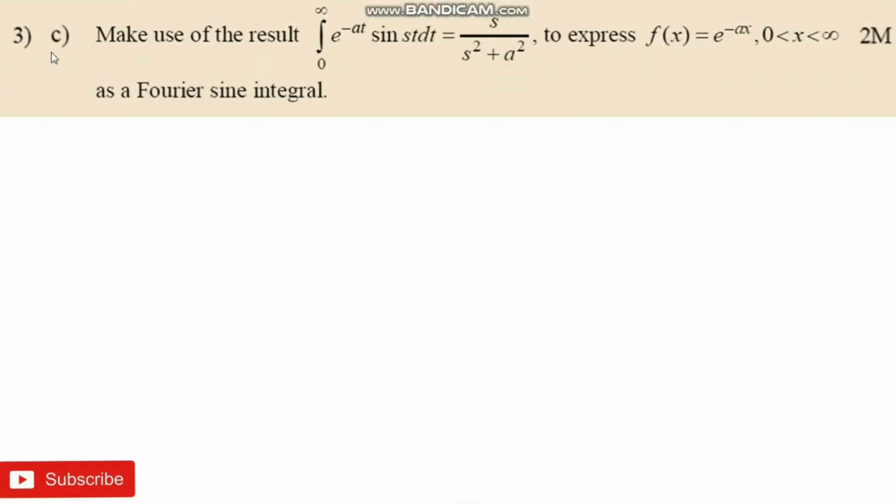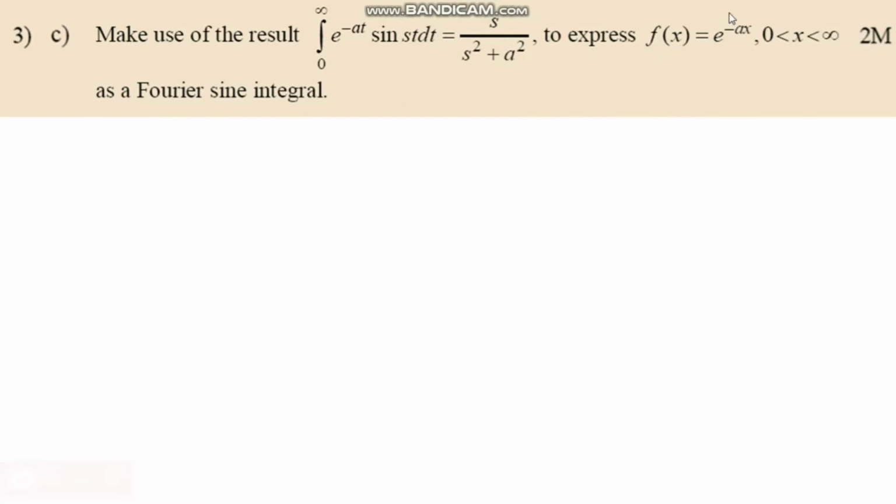Third question, C bit: make use of the result integral 0 to infinity e power negative at sin st dt equals s by (s square plus a square) to express the function f of x equals e power negative ax, where x lies between 0 and infinity, as a Fourier sine integral.